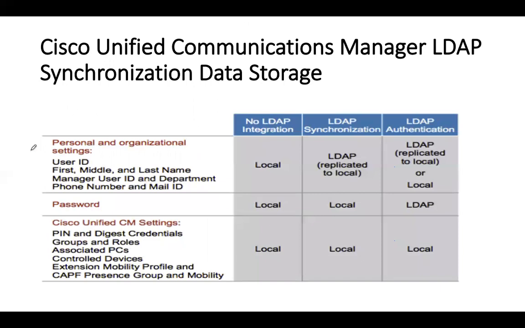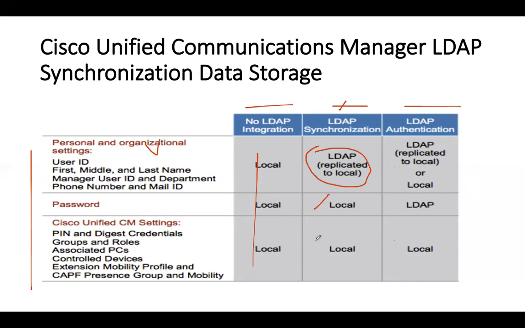right? These are the three scenarios: no LDAP, LDAP synchronization, or authentication. No LDAP means everything is local. You'll create manually the way we have done it, password, everything. If you are using LDAP for synchronization, then all the user IDs and everything would be replicated to the local, managed by LDAP.